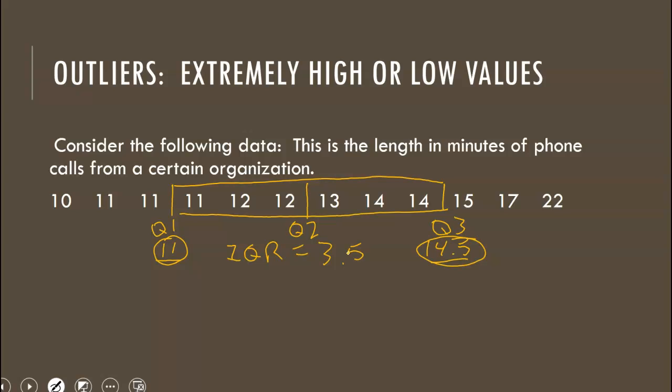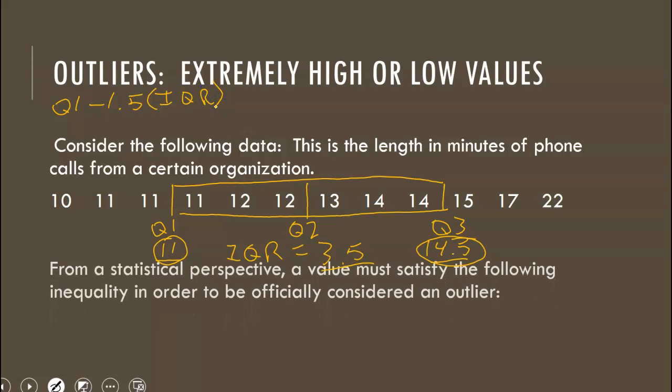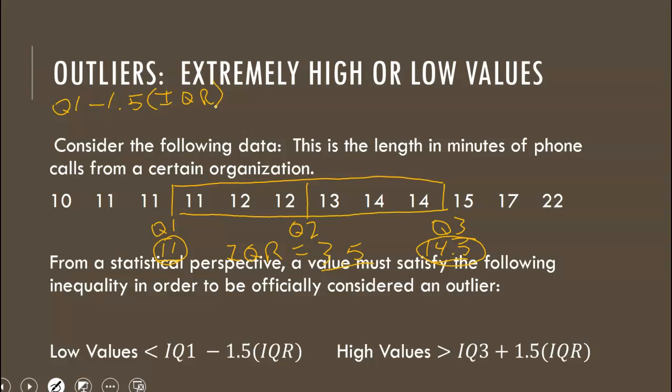So if we have a distance of 3.5 for our interquartile range, this is how we would determine whether a number is too small. We would start with our Q1 value, and we're going to subtract 1.5 times our interquartile range. That is what this equation is here.